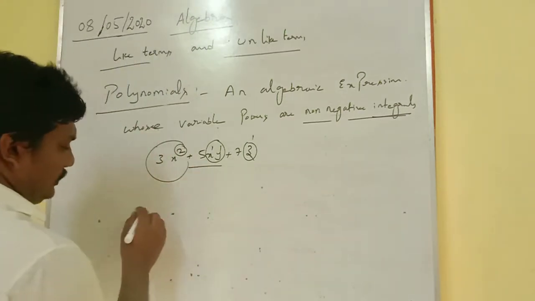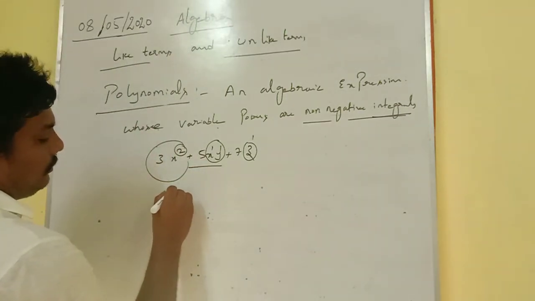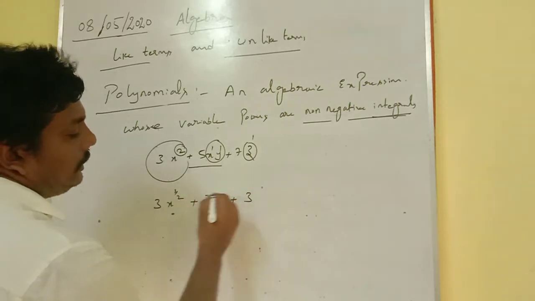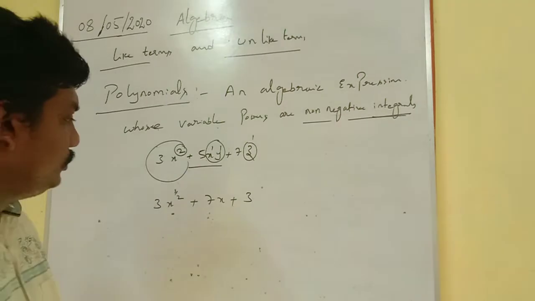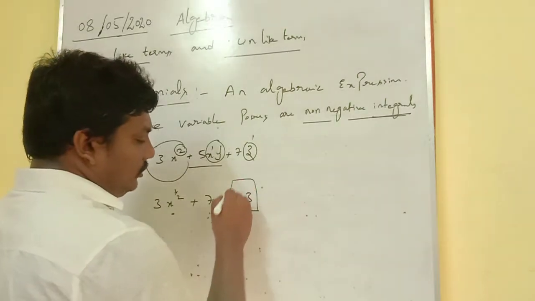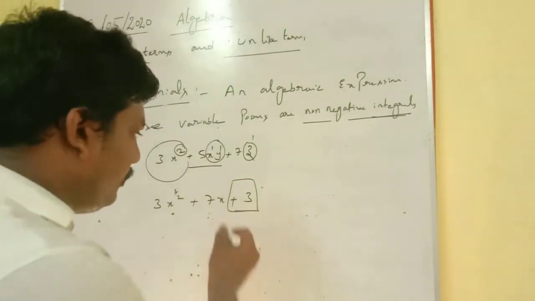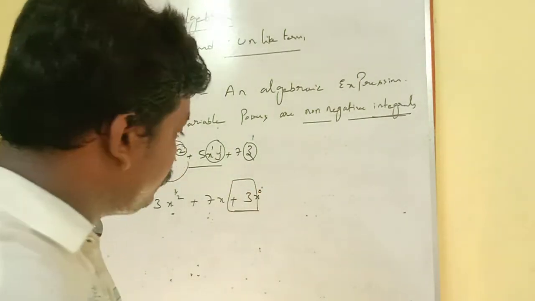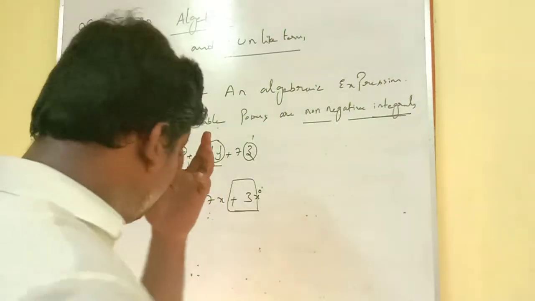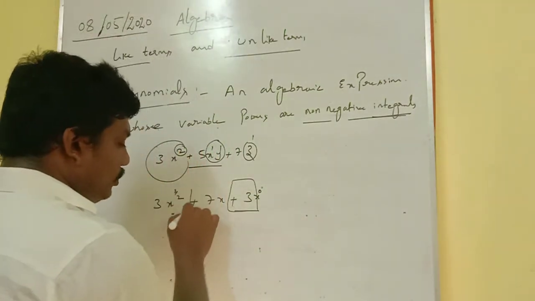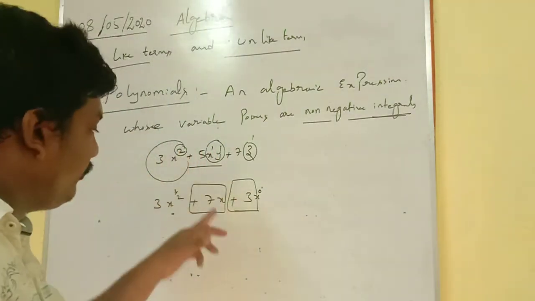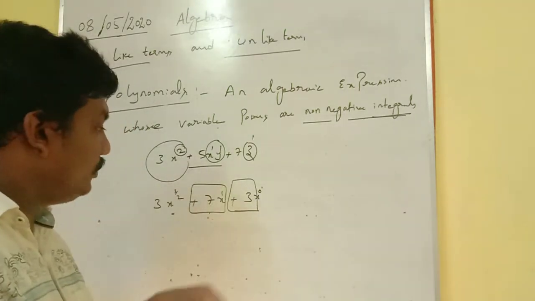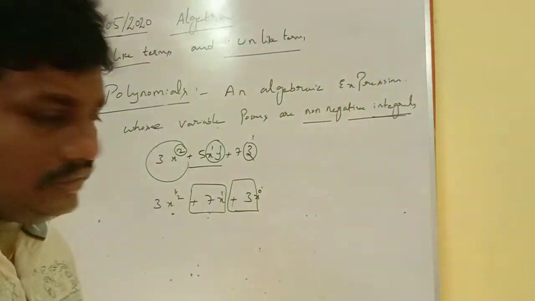Now suppose, let me consider, 3x power 1 by 2 plus 7x plus 3. This is a constant term. Here there is no variable, so we can take it as x power 0. Next, this is also one term, plus 7x. Here the variable is x, it has power 1, so that is non-negative. 0 is also non-negative, because 0 is not negative.